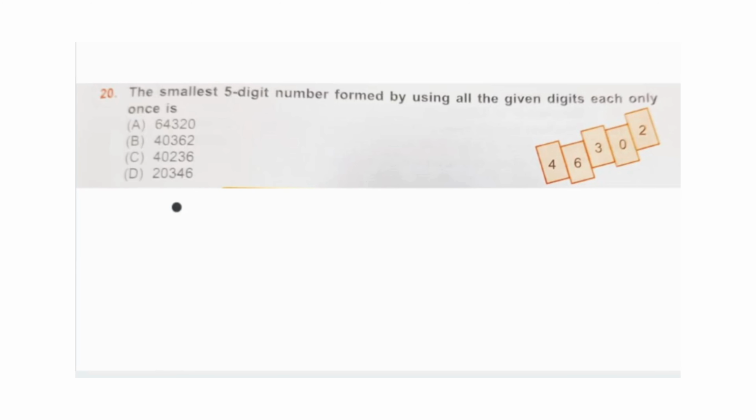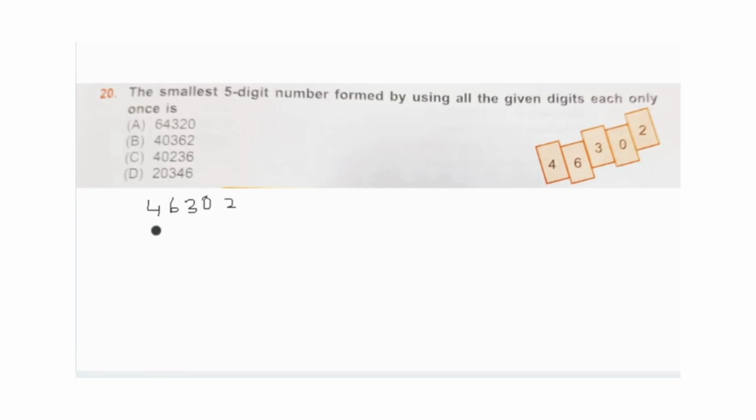So let's write down the given number, which is 46302. Since they want us to find the smallest number, let's write all these digits in ascending order.